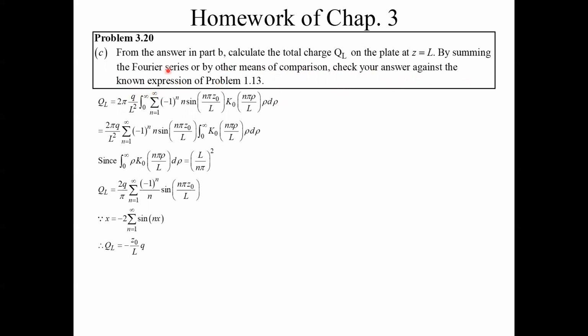Okay, for the total charge on the upper plate, we can integrate the charge density over the plate, and we get the integration here. We use the relation here, and we can rewrite our integration into these terms, and again we use the summation relation here. We change these terms into this one, and finally the answer is here.